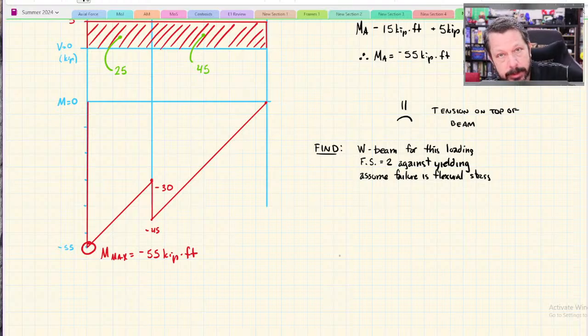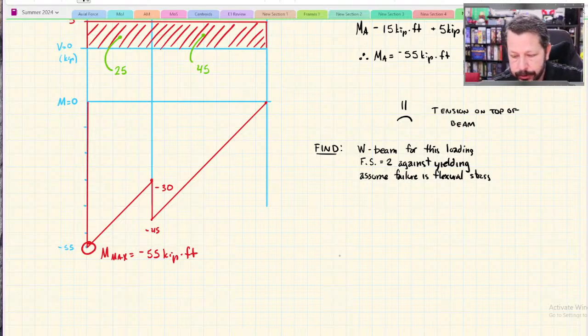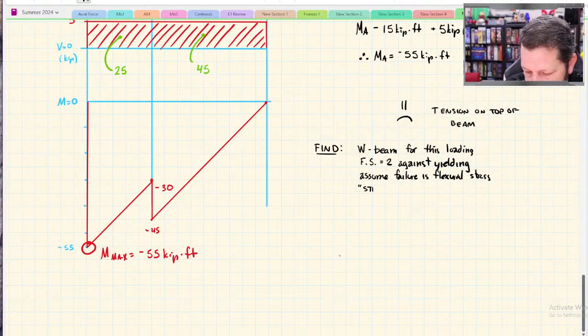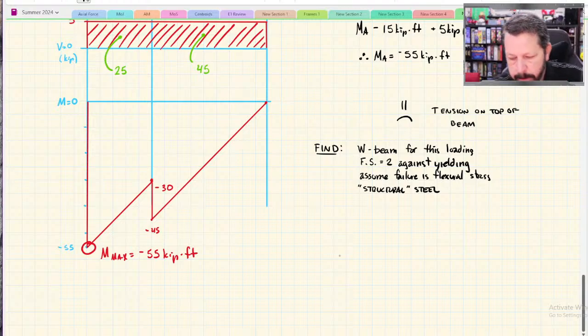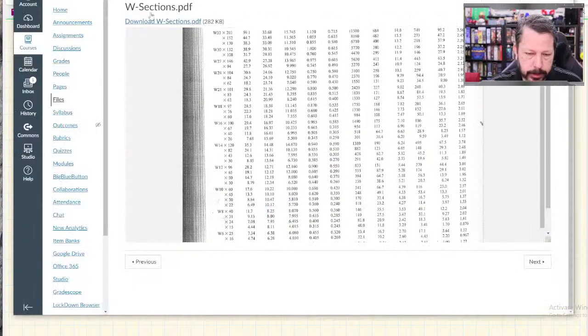So that means we will look up the yield strength. Our book happens to call that the elastic strength. We're going to use a generic structural steel. That's one of the materials that our book gives us properties for. So why don't we look that up first? So we'll go to our, actually we need that, but we'll come back to it, I guess.